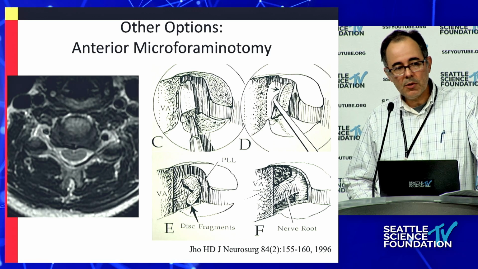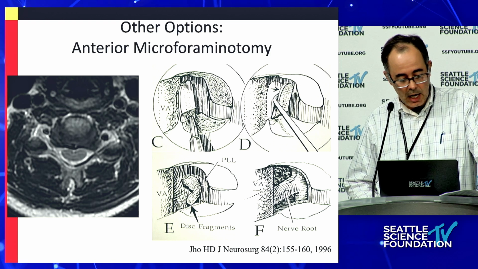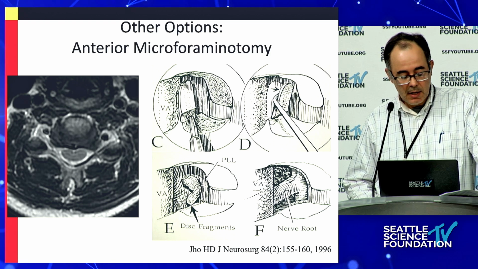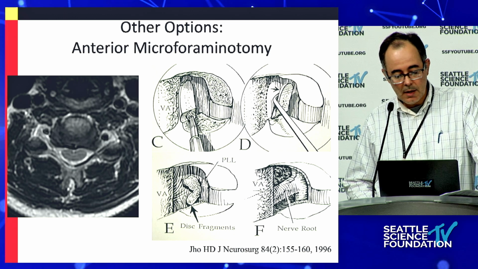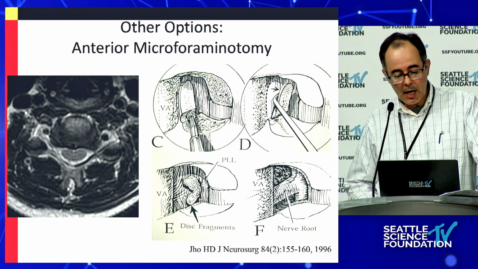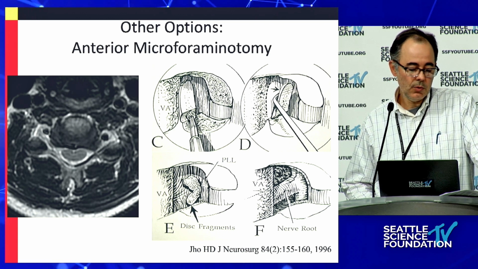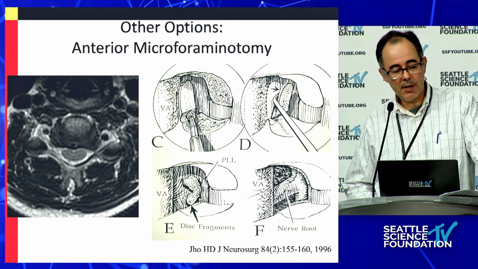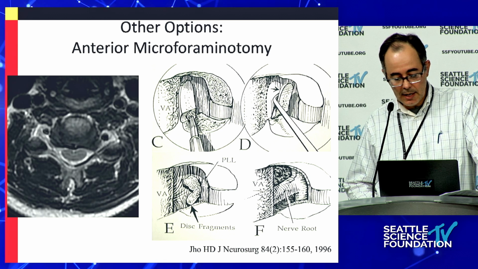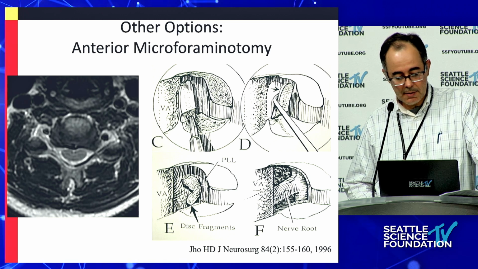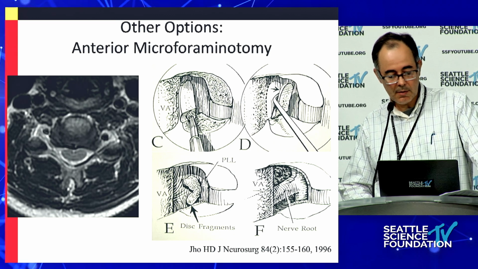So, other potential options in terms of the world of motion preservation. This is not common, but the anterior foraminotomy is described in the literature. I think the main risk with anterior foraminotomy is the proximity to the vertebral artery and the risk of injury. This is not a common procedure and should really be carefully explored in the hands of experienced surgeons.